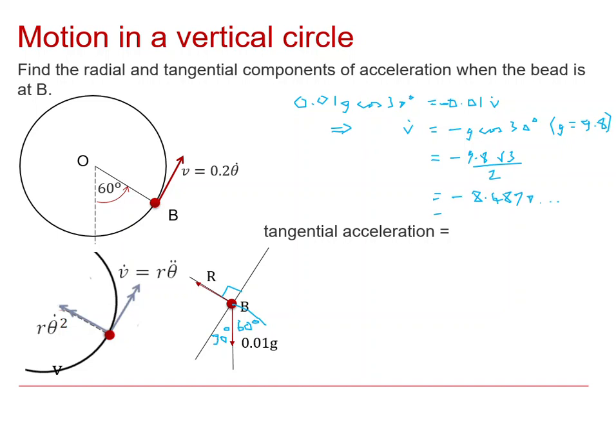So that will be minus 8.49 to 3 significant figures. So that's what the tangential acceleration is there. So we can state that in context with the units, 8.49 meters per second squared, and I've taken account of the sign by saying it's a deceleration.